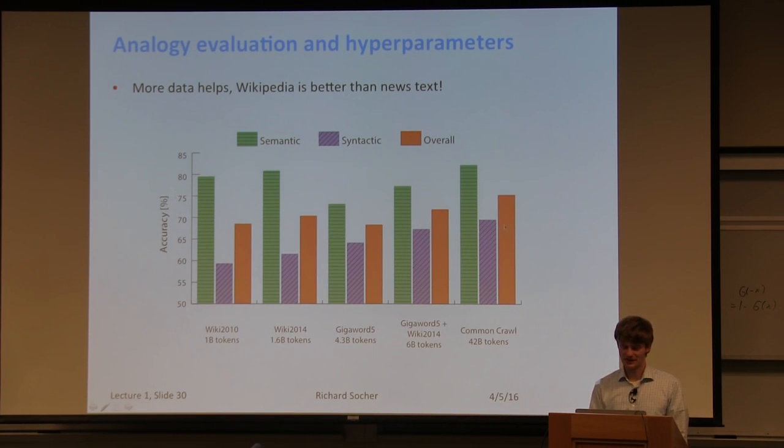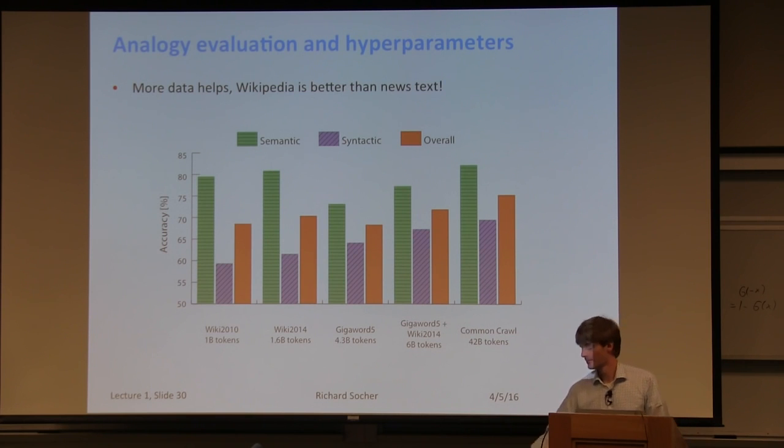So looking at, for instance, the overall accuracy here, if you use GigaWord, which is mostly news text from different newspapers, it's actually several x larger than the Wikipedia from 2014, but it still results in an overall worse accuracy on this intrinsic task.